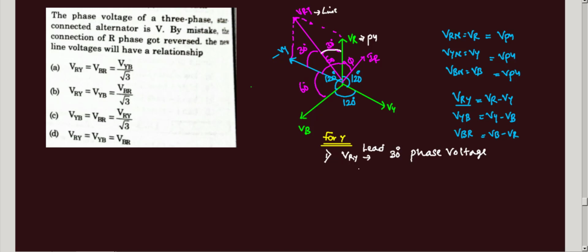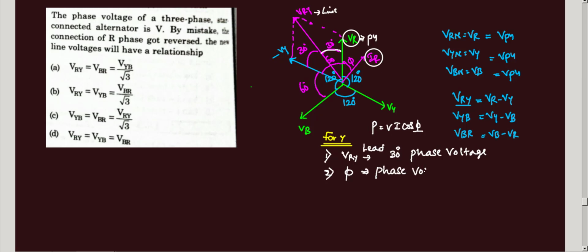Second question: phi is the power factor angle, power equal to VI cos phi. So phi is the angle between what do you observe? This is a phase voltage, this is a phase current. Second question, very important: phi is the angle between phase voltage and phase current.